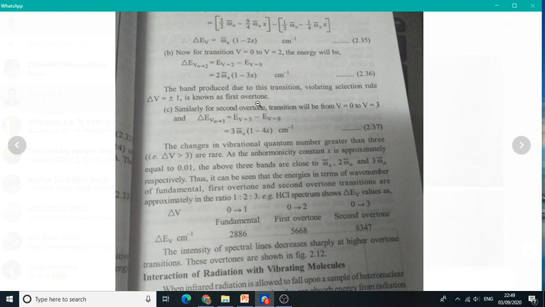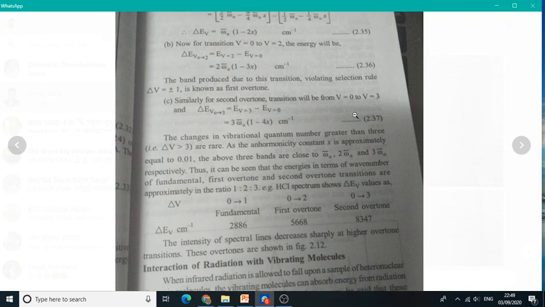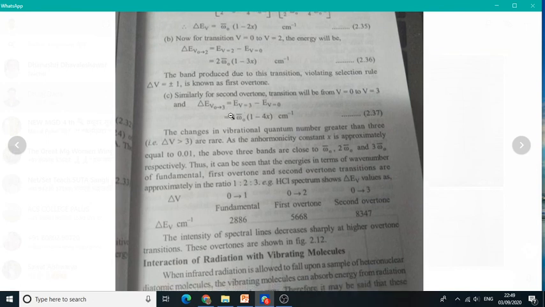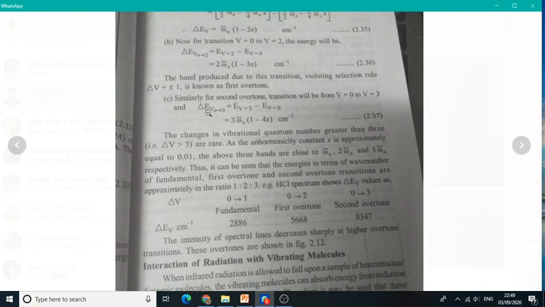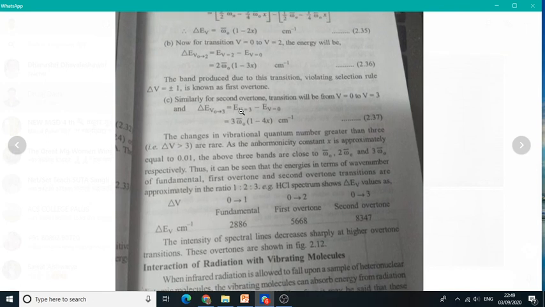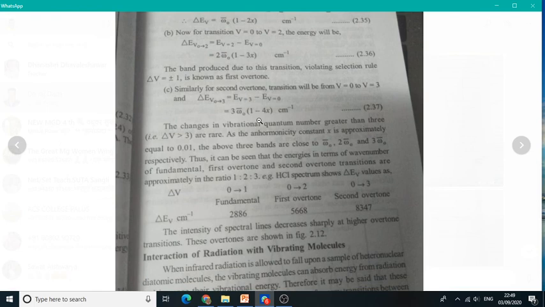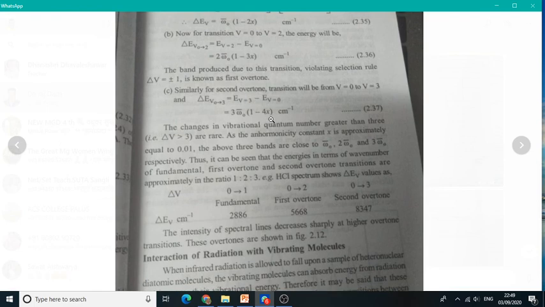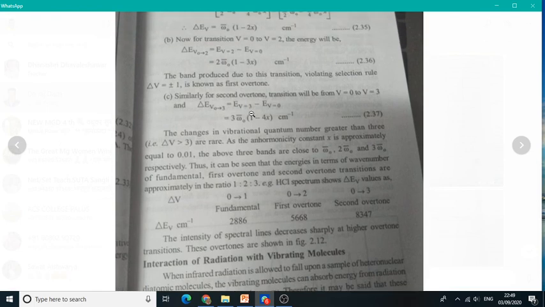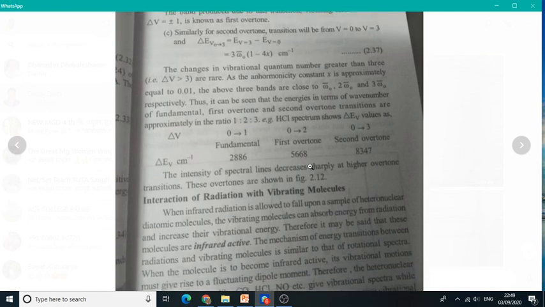Similarly, the second overtone transition will be from phi equal to 0 to phi equal to 3, and delta E phi for this transition we get 3 omega bar oscillation in a bracket 1 minus 4x, and these transitions are weaker ones.